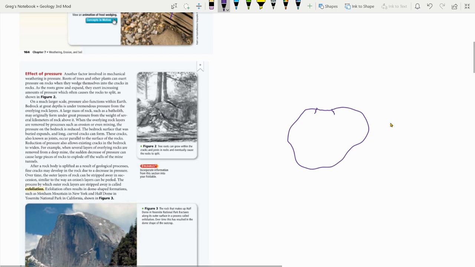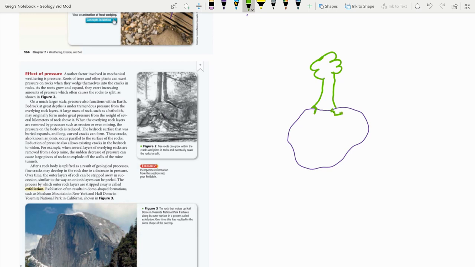Oh, my cord's in the way here. So we get a tree that grows here, or plants. It could be plants, it could be trees. Trees are easier for me to draw, maybe. Here's a tree. All right. Basic little tree. And the roots of the tree get down in here in these cracks.